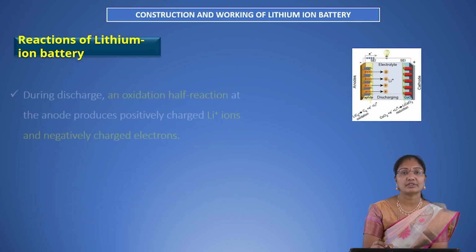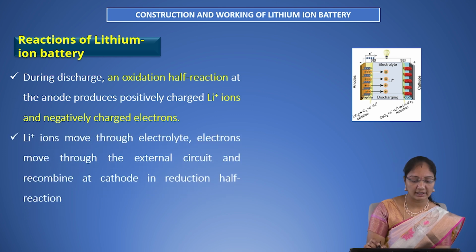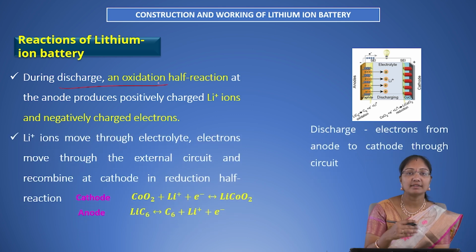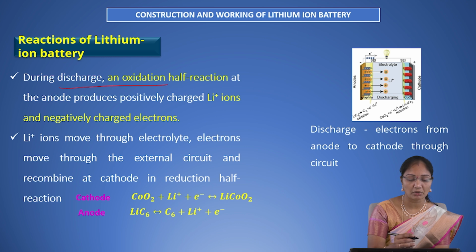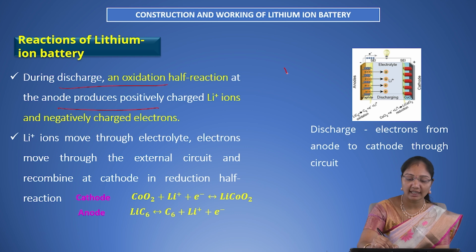So what are the reactions that happen in this lithium ion battery? Coming to the reaction involved, during discharge, when the charge is coming down, an oxidation half reaction at the anode produces the positively charged Li+ ions.